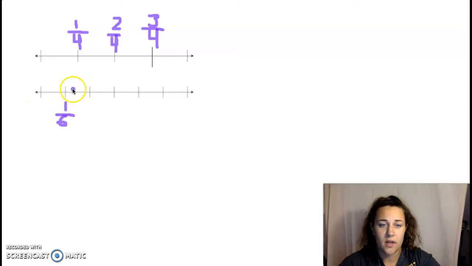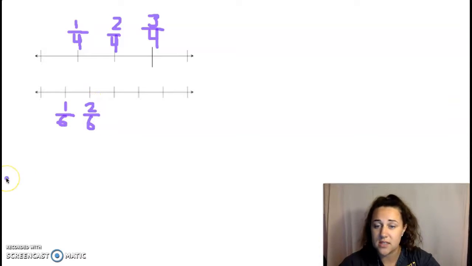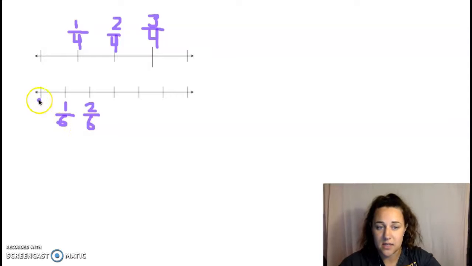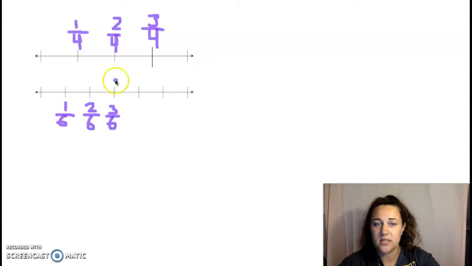Then I count 1, 2, and now we have 2 out of 6, or 2/6. Again, same thing. I didn't add any more equal parts. I didn't take any equal parts away. So they remain 6. 1, 2, 3 equal parts. 3 out of 6, 3 equal parts out of 6 equal parts altogether.